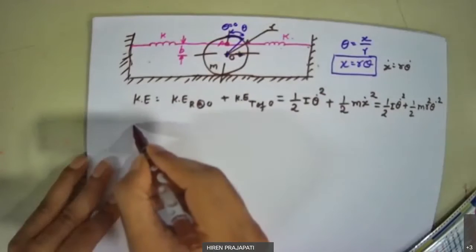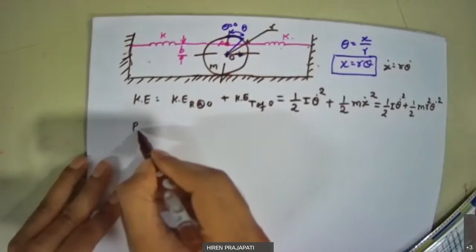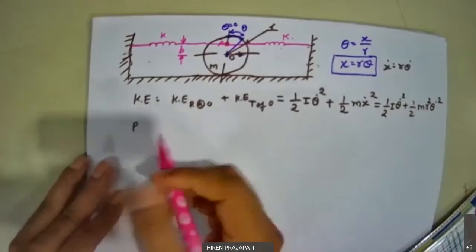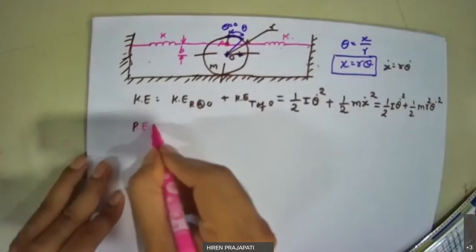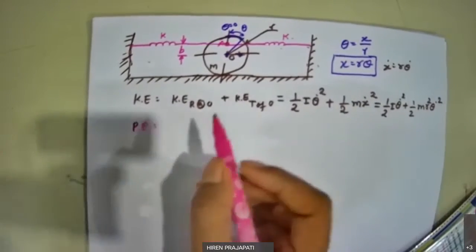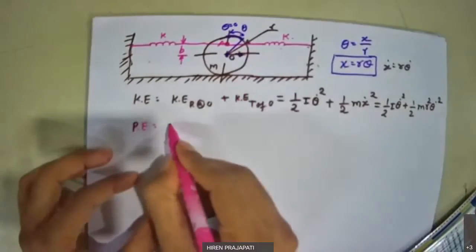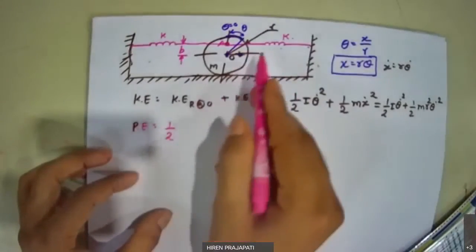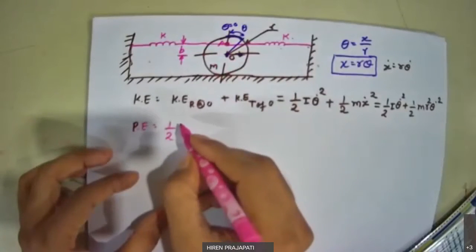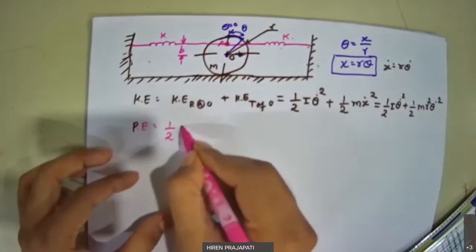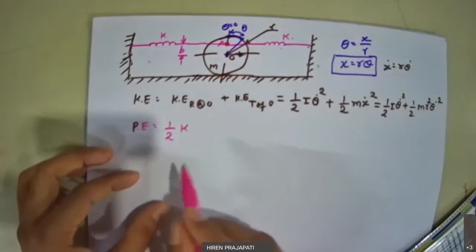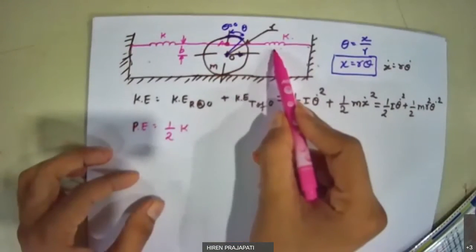Next is potential energy. The potential energy is stored by the spring. So let me write 1/2 K, where K is the stiffness. We are talking about only this spring at this moment.